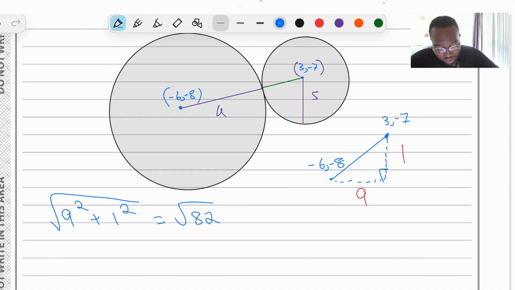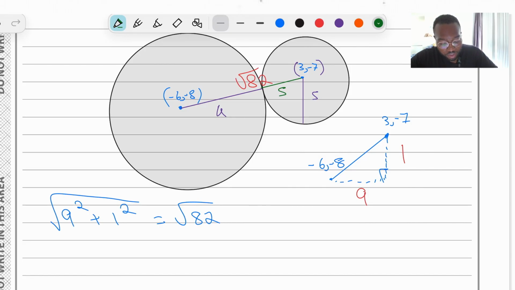So what does that 82 mean? Well, that means that the whole length between the centers must be root 82. So all of this must be length root 82. Now, if we know that's all length root 82, we know that here this has a radius or length of 5, because the radius is 5.